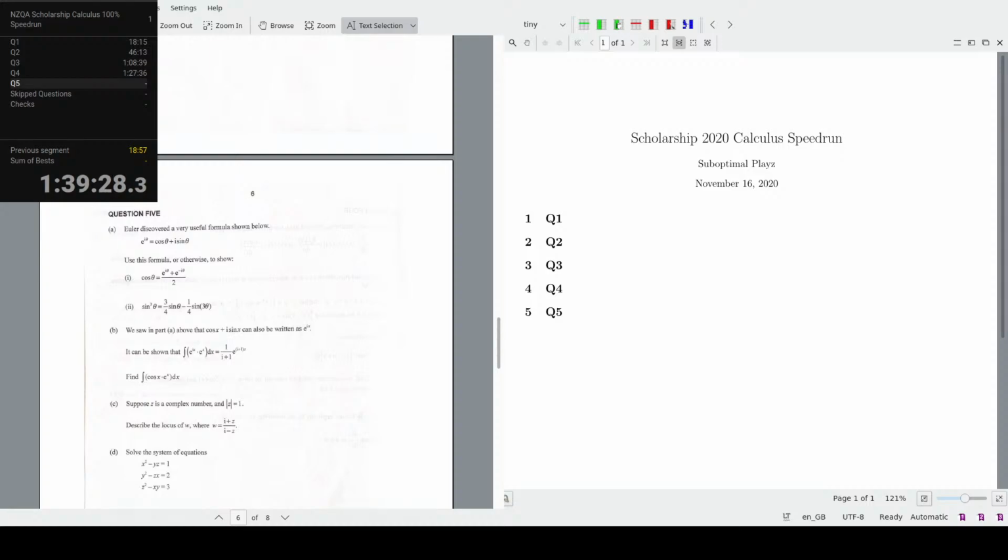Nah, you don't need to do this because you can just bash, right? So let z equal x plus iy.